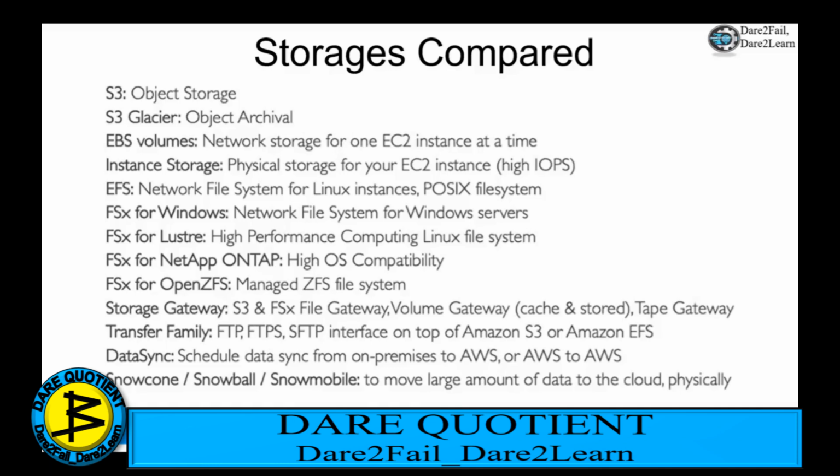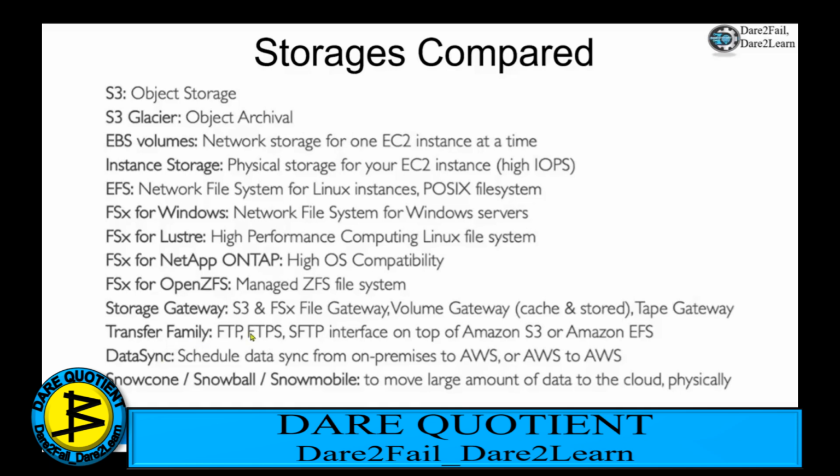We have the FTPS, the File Transfer Protocol over SSL. And we have the SFTP, the Secure File Transfer Protocol. And with the FTPS and the SFTP, those two, the data, whenever it is transported, it is encrypted in flight.